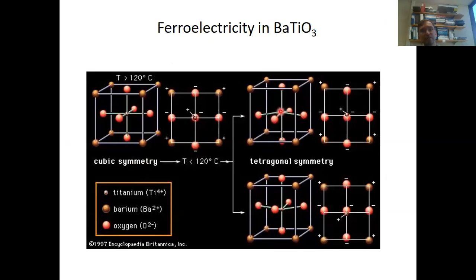Because the titanium is a little bit too small, we have an ideal cubic unit cell only at a temperature of larger than 120 degrees. That is because at these fairly high temperatures, the activation barrier for the titanium to move around randomly is small enough.